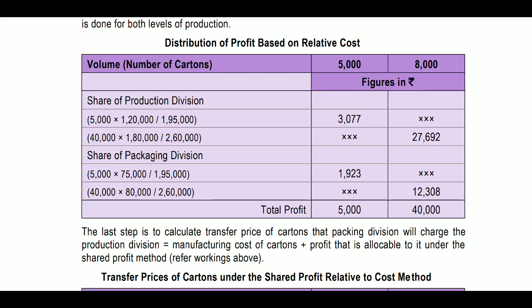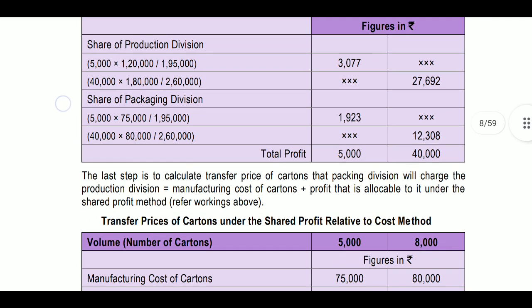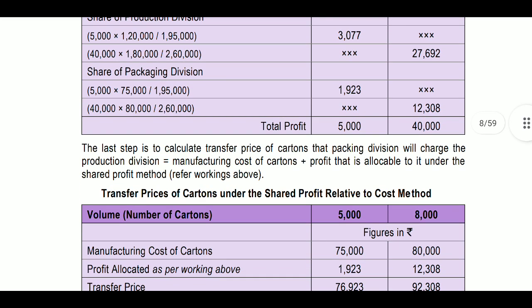Next, the last step is to calculate the transfer price of the cartoon that the packing division will charge the production division. Here the production department is purchasing from the packing division, so we will see how much they are charging.